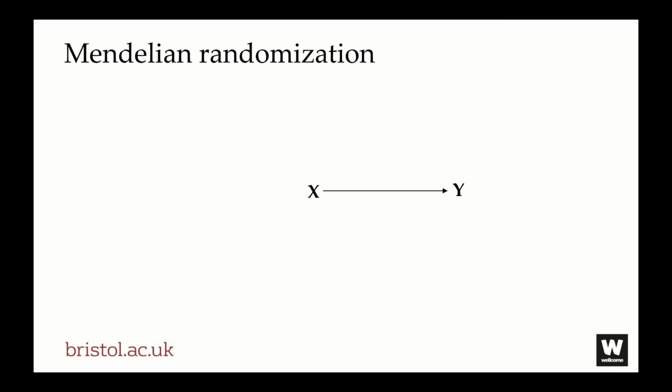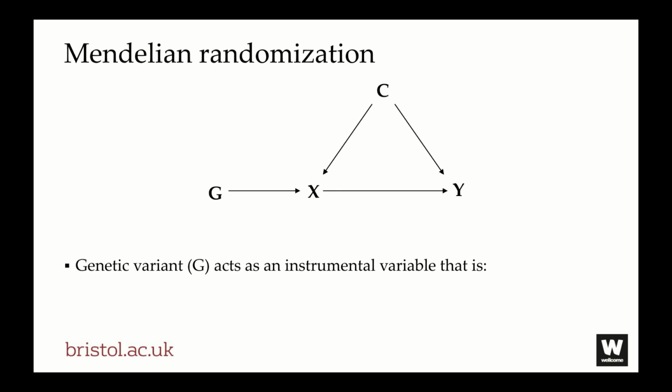So I'm going to show a lot of these diagrams over this talk. Basically any arrow means an association or potential causal association. With this same framework, we're interested in the relationship between an exposure and an outcome. Plausibly, there could be some confounding factors or bias or reverse causation. What we do with Mendelian randomization is use a genetic variant or variants associated with our particular exposure as an instrument.